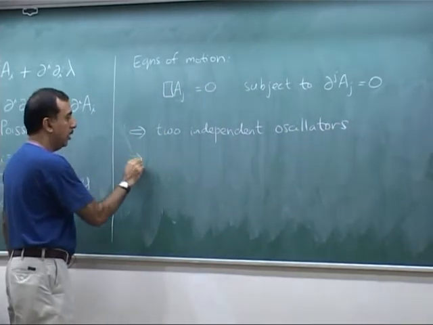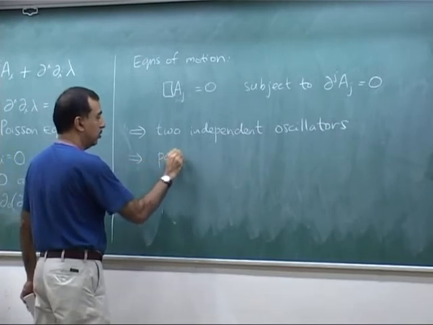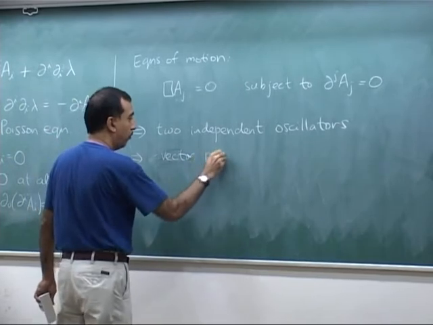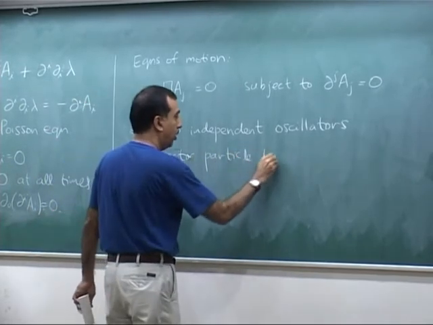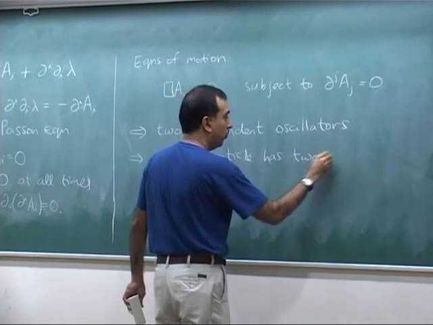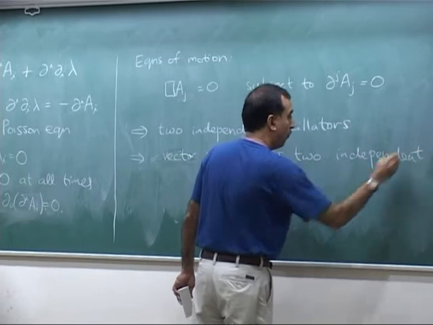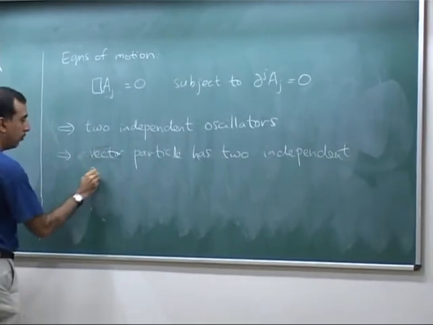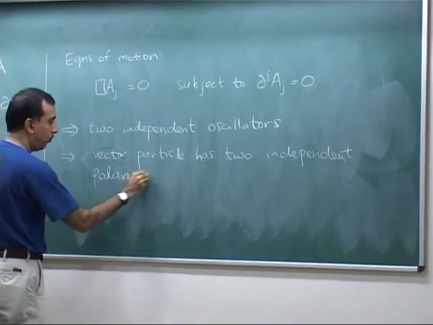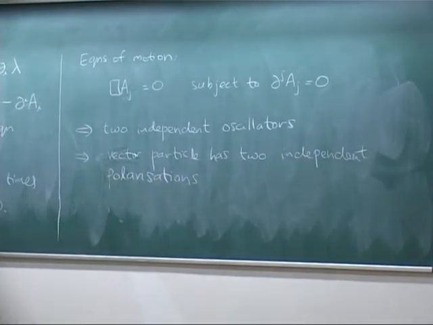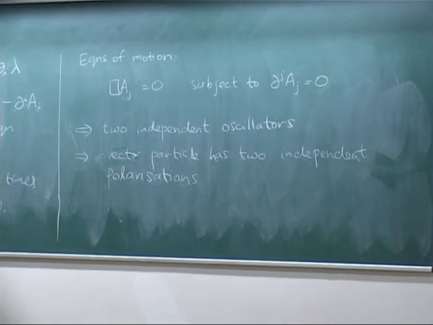And that means that the particle associated to this, the vector particle, has 2 independent polarizations. And is that true of the photon? Yes, the photon has only two independent polarizations.